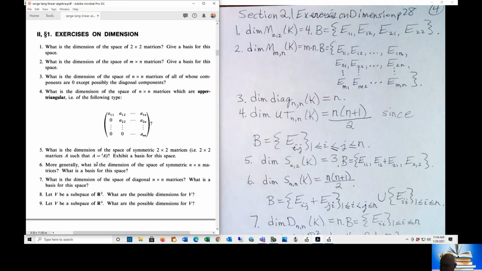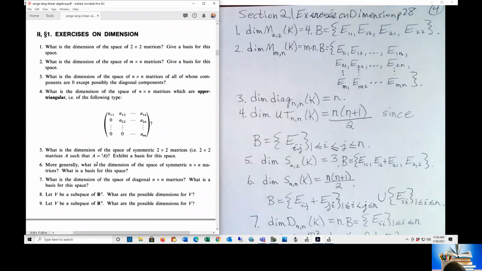Now, remember that we know what an elementary vector is, the vector that has 1 in one entry and all other entries are 0. Well, the same definition would apply to a matrix.